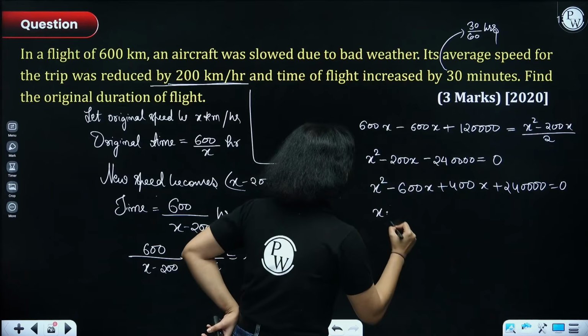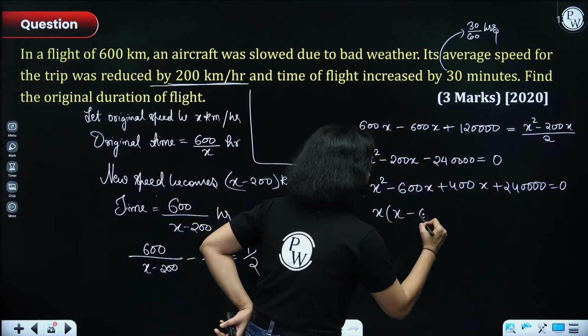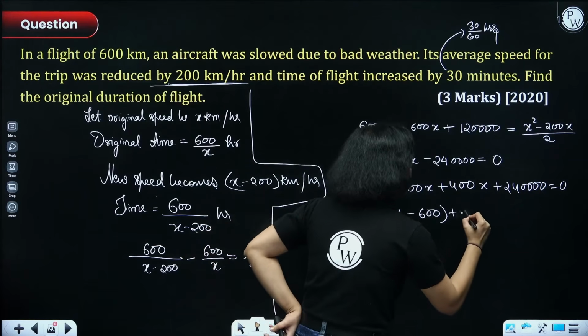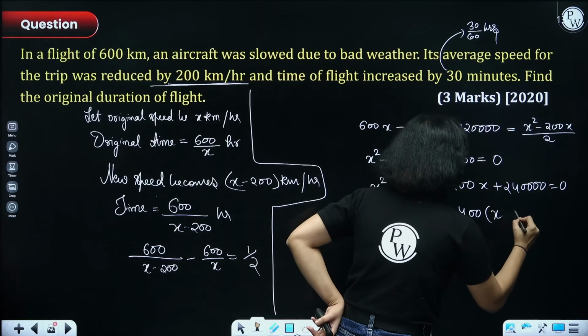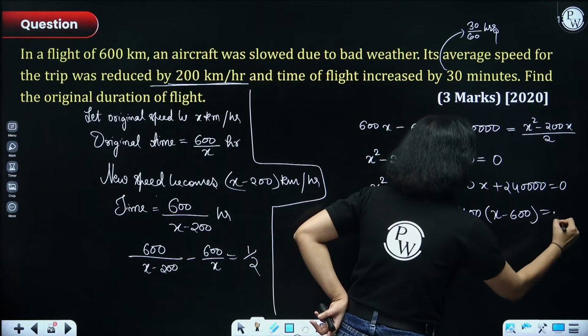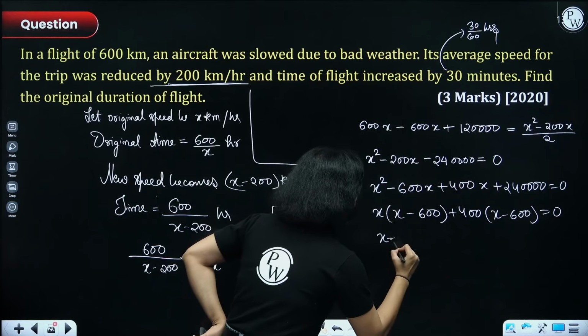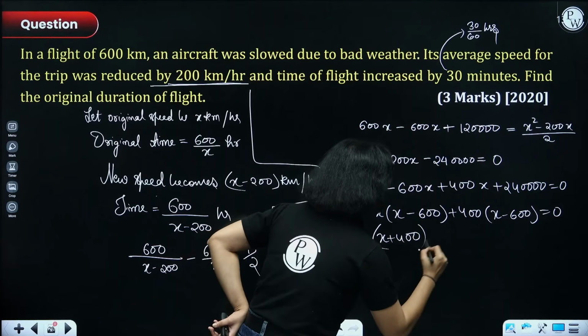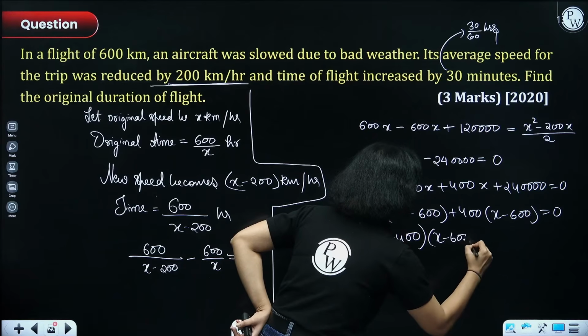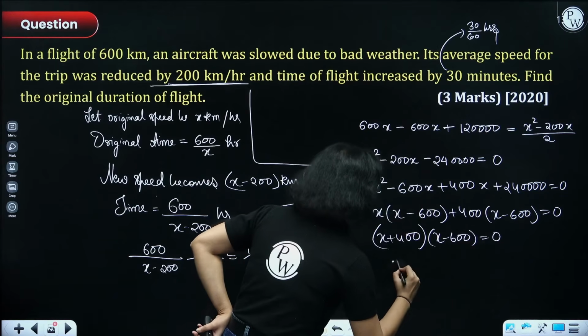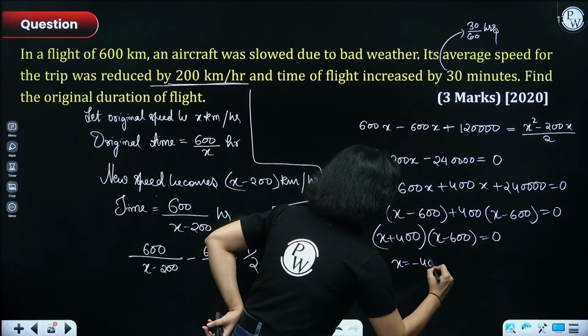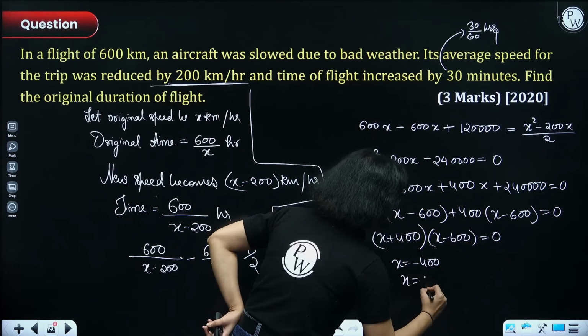Now, x common: x minus 600 here plus 400 common, x minus 600 here is equals to 0. So now you will have x plus 400 here, x minus 600 here is equals to 0.